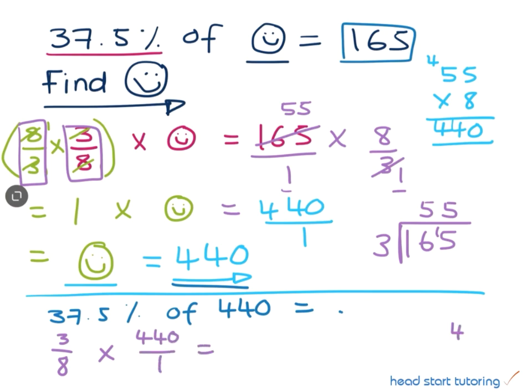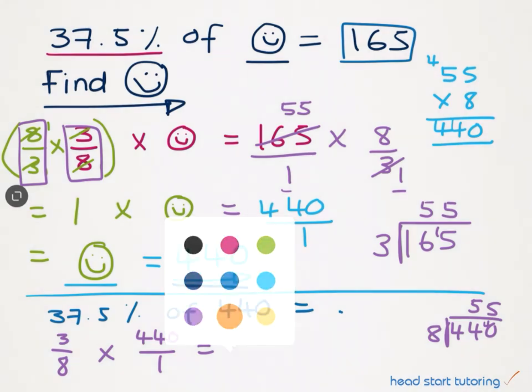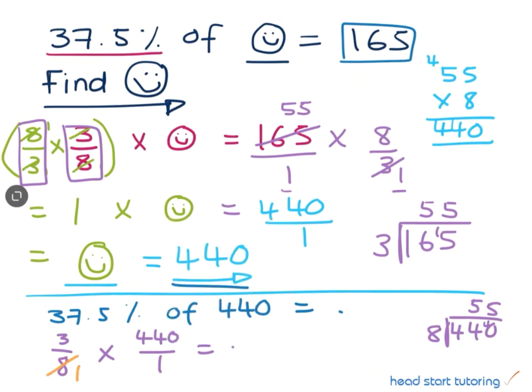And let's do 440 divided by 8. 8 into 44 will go 5 times, remainder 4. And 8 into 40 goes 5 times with no remainder. So 8 fits into 440 55 times.